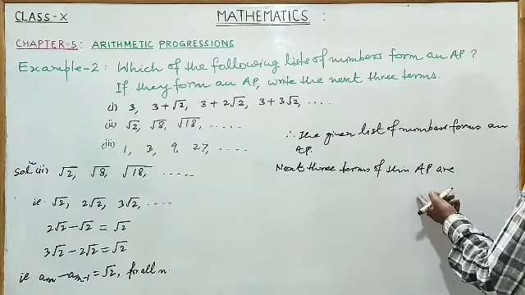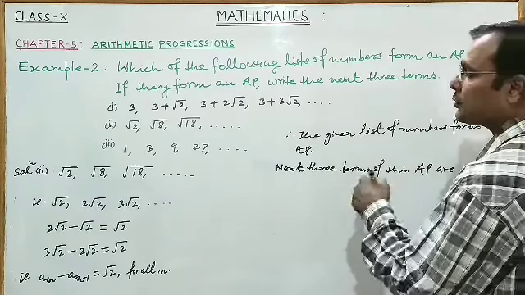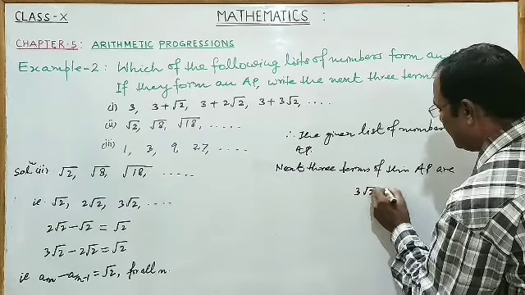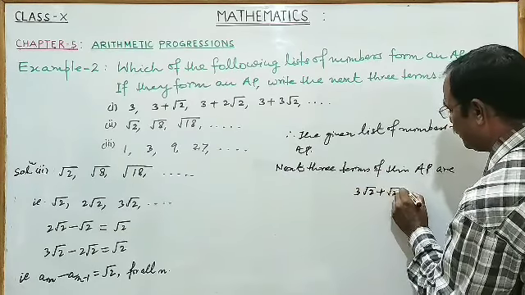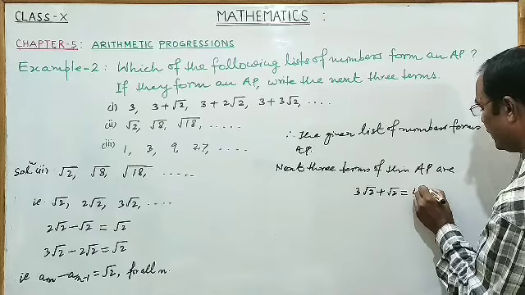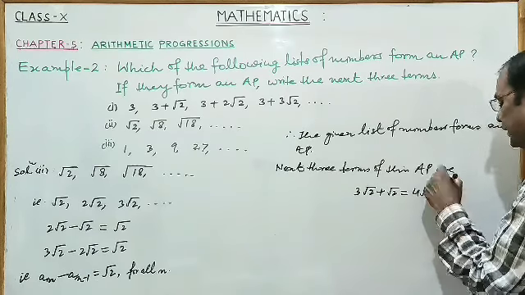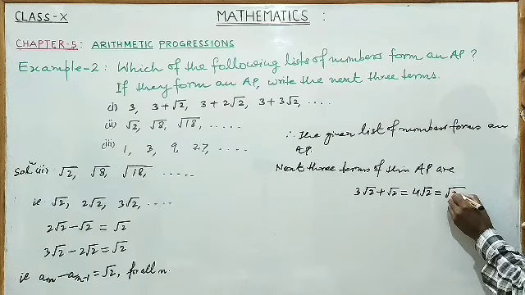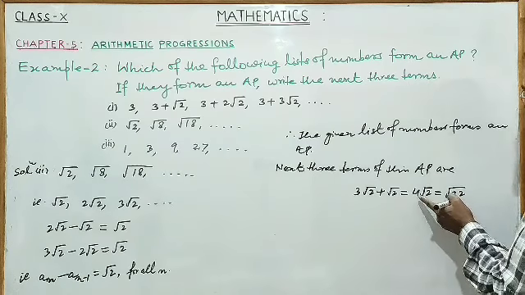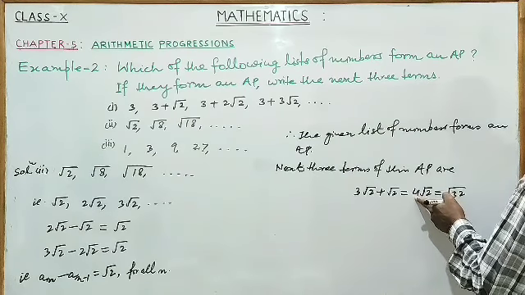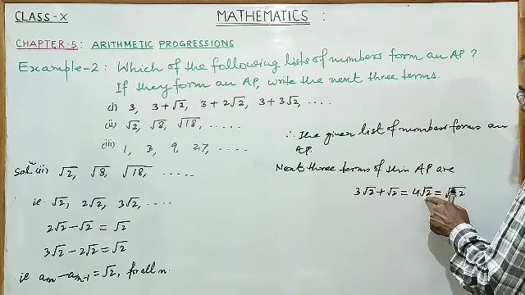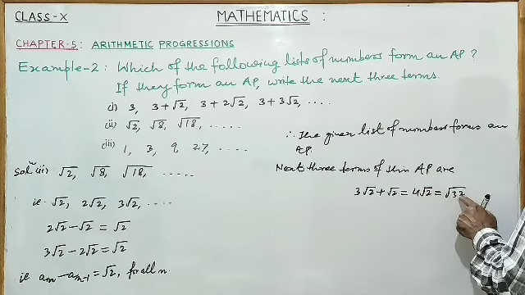So the term next to 3 under root 2 is 3 under root 2 plus common difference under root 2 equal to 4 under root 2, which further can be written as under root 32. When 4 goes inside the radical sign, it becomes 4 square. So 4 square into 2 equal to 32.